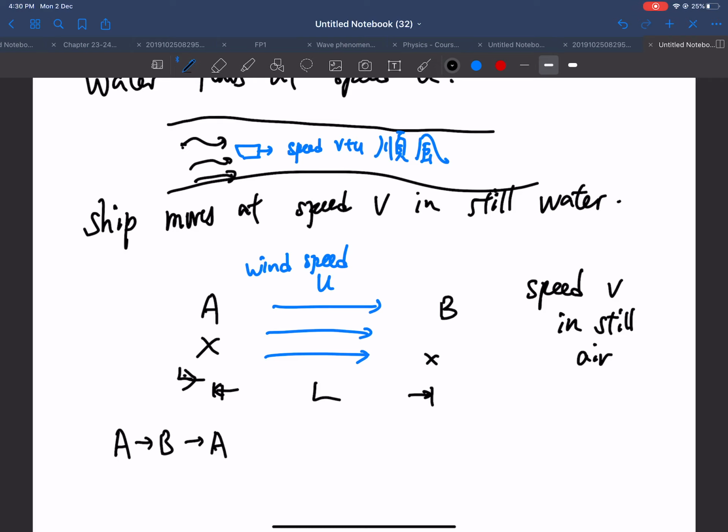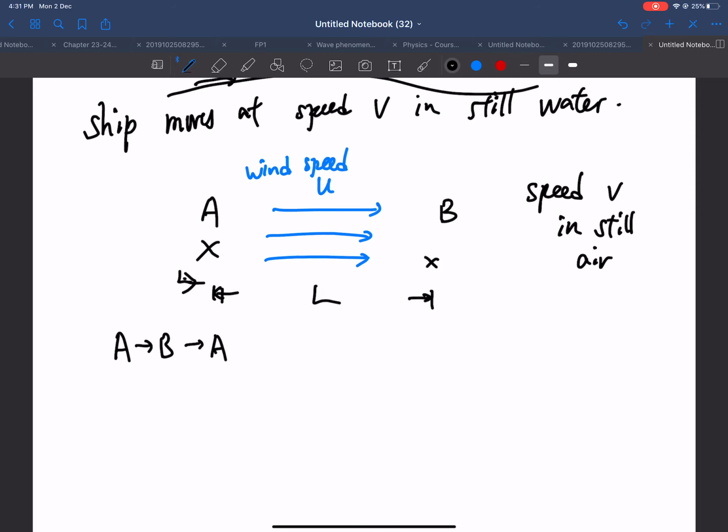But it will take a longer time from B back to A. So you say one is longer, one is shorter, so you cannot compare the total. You don't know whether the sum is longer or shorter.